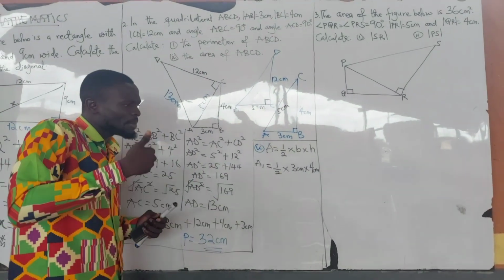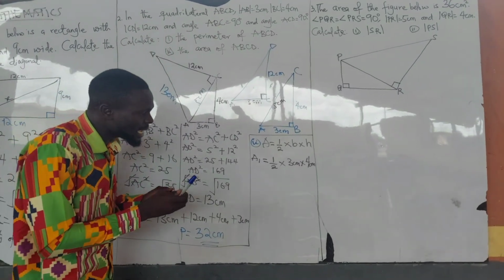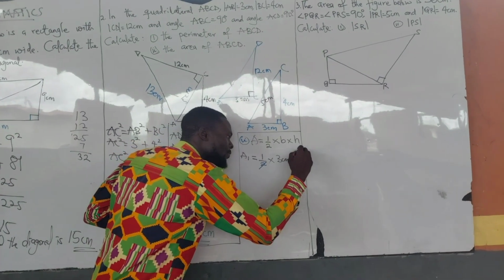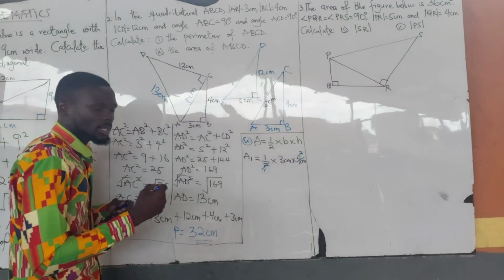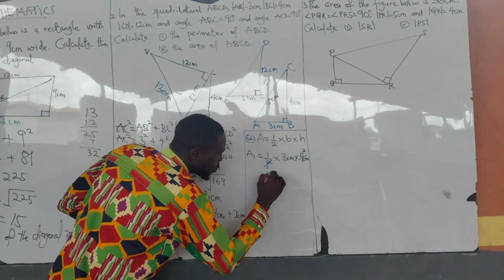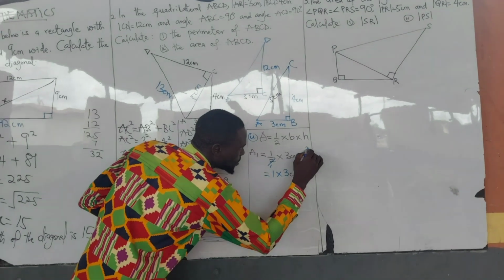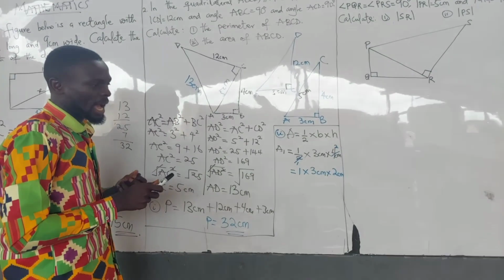Since we've looked at how to multiply fractions and numbers, we can say clearly that the denominator 2 will cancel out the 4. So 2 into 4, 2 times. Now we are left with 1 times 3 centimeters times 2 centimeters. What is the area?